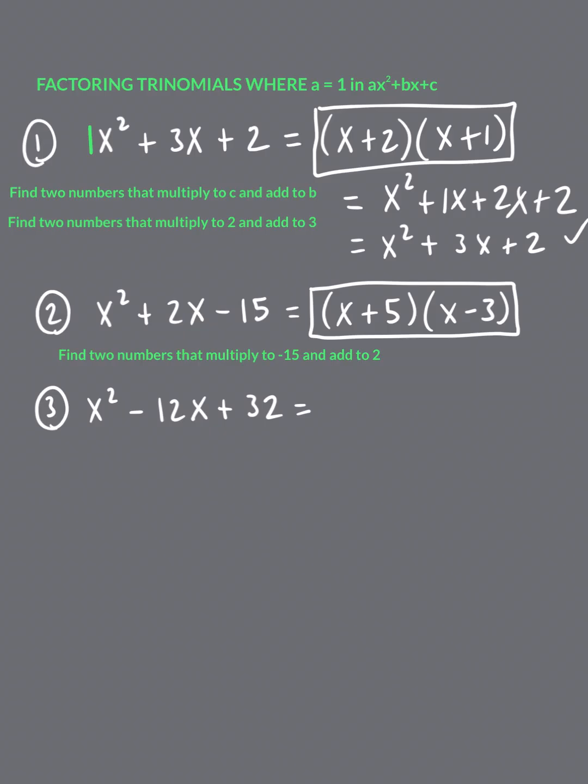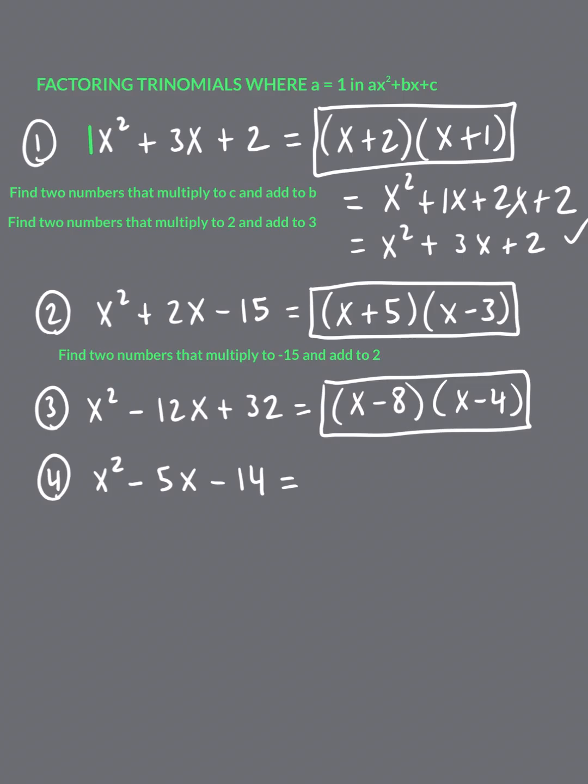So the two numbers are negative 8 and negative 4. So our factors are x minus 8 times x minus 4. If we add negative 8 and negative 4, we'll get negative 12. Multiply negative 8 times negative 4, we'll get positive 32.